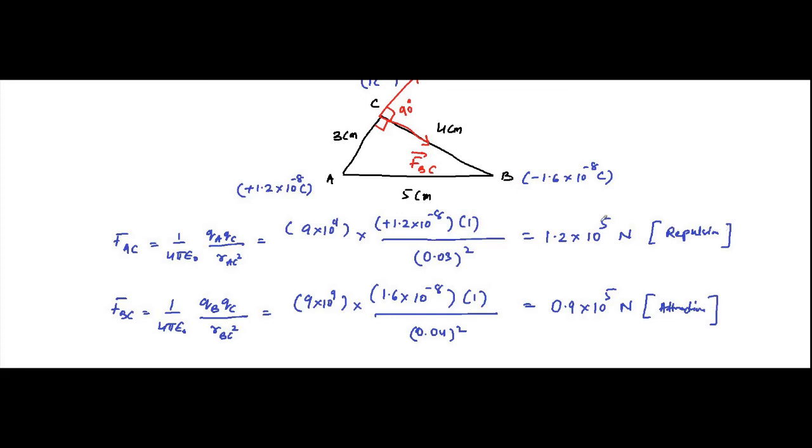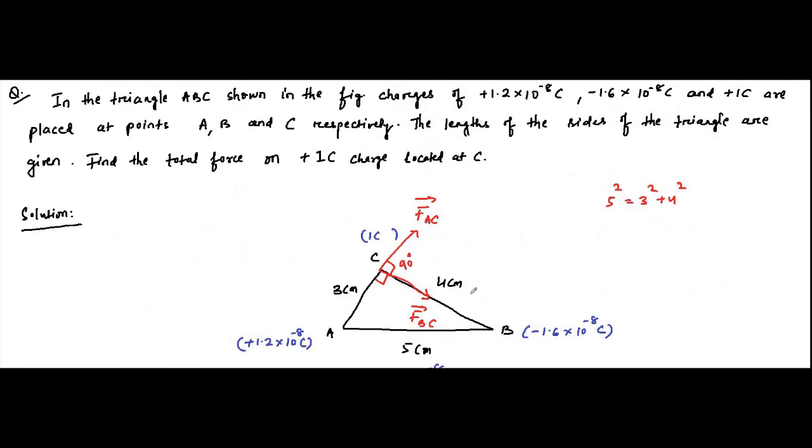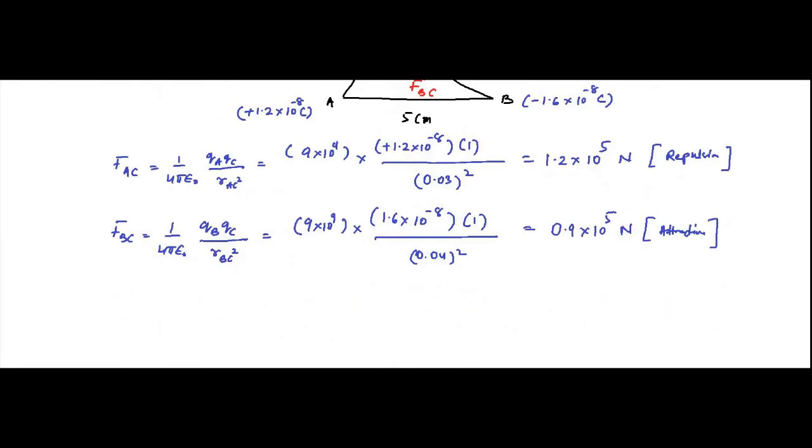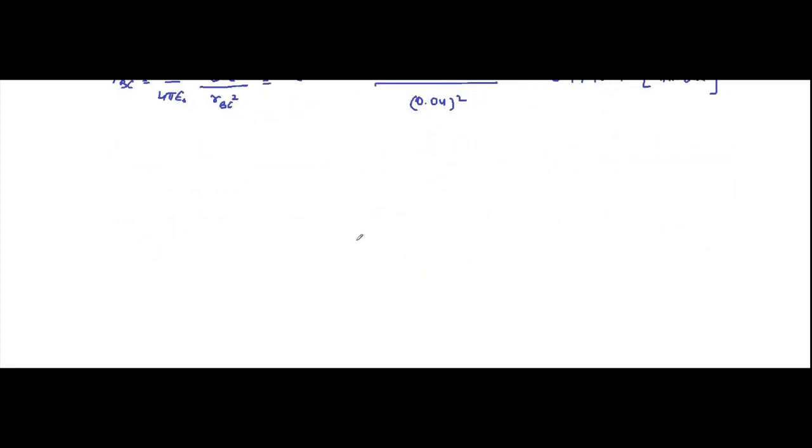Now we have determined FAC and FBC. So here let us draw it separately. At C, we have one of the forces FAC and another one is FBC.